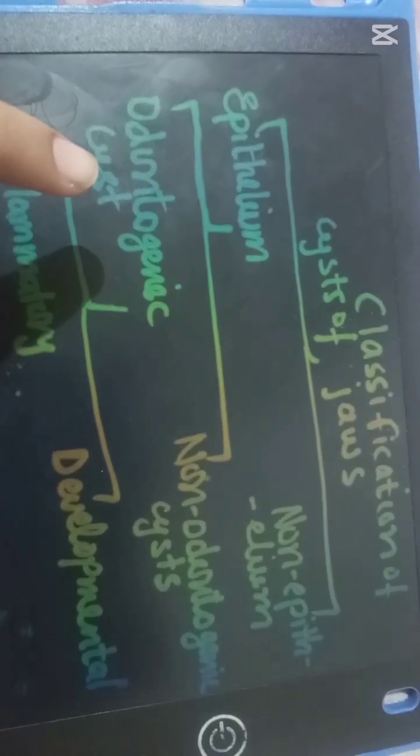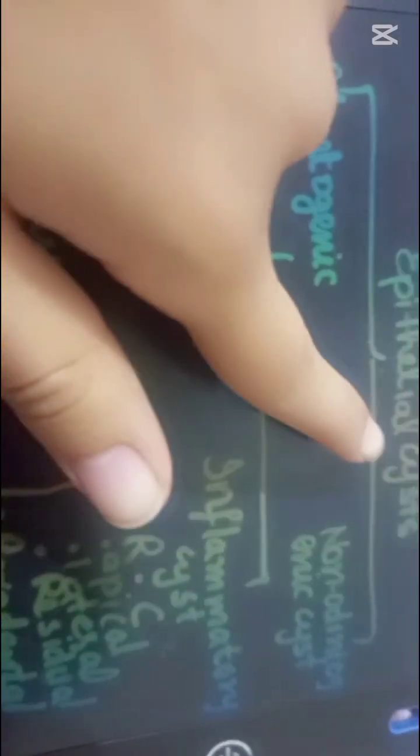We will also discuss a little about non-odontogenic cysts and non-epithelium cysts, but the main concentration will be on the odontogenic cysts. Now we have the epithelium cysts, those cysts which are lined with epithelium. In them we have odontogenic and non-odontogenic cysts. In odontogenic cysts we have developmental and inflammatory cysts.